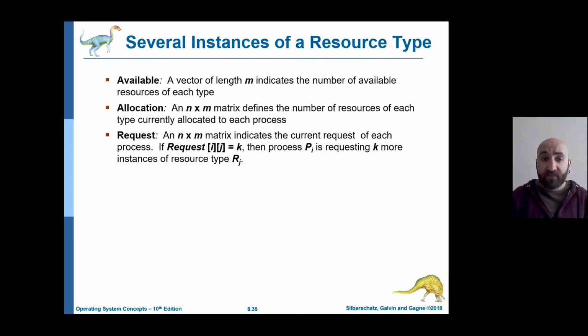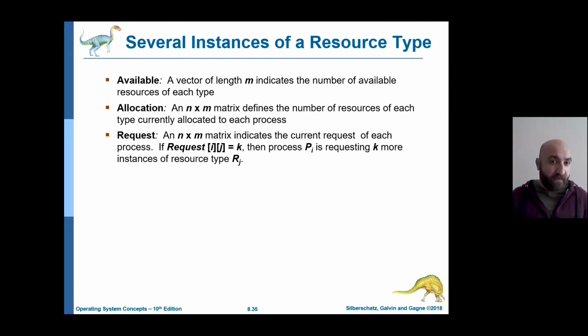So we have available, we have allocation, we have request. These are some vectors and matrices. Available is a vector of length m that indicates the number of available resources of each type. Allocation is a matrix of size n times m, which defines the number of resources of each type currently allocated to each thread.